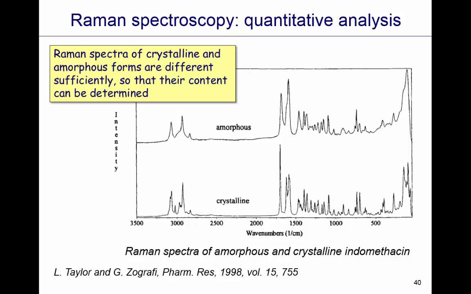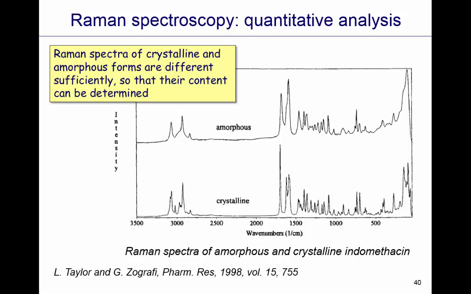This is a Raman spectra of amorphous and crystalline indometacin, and I'll talk about indometacin in the next hour quite a lot. Indometacin is a very interesting molecule, still one of those workhorses from the pharmaceutical industry. But if you look at these two spectra, they're different. This is a crystalline material, this is amorphous material.